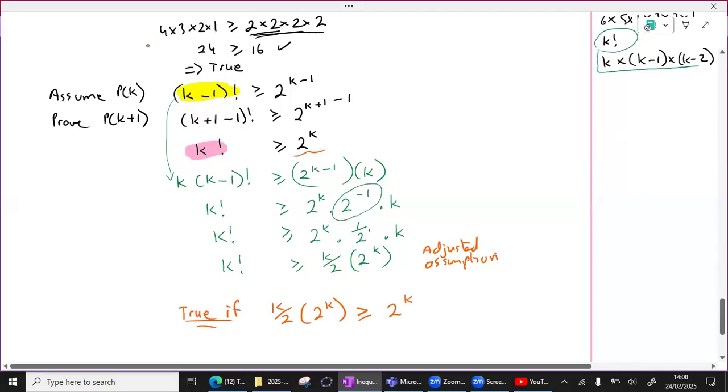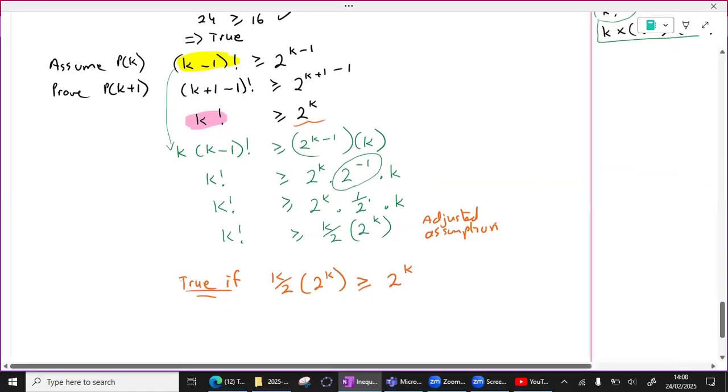Now, can we see straight away that the left is bigger than the right? Well, we can, as long as k is a positive number, because if it's bigger than 2 anyway, then no matter what it is, if I multiply it by 2 to the power of k, it's going to be bigger than 2 to the power of k on its own.